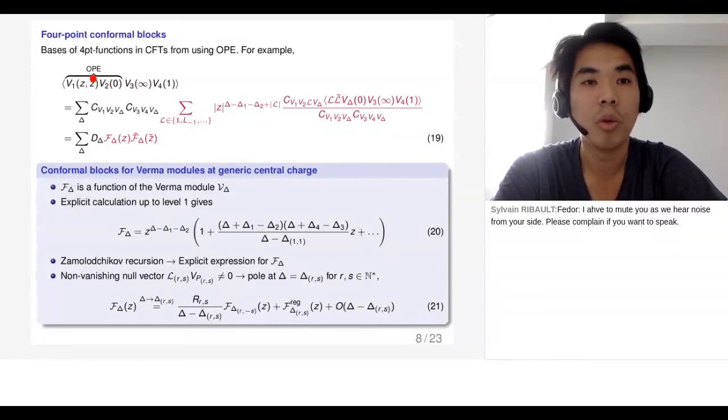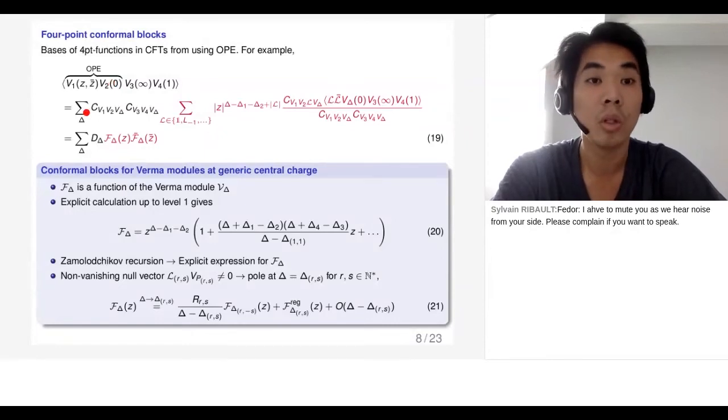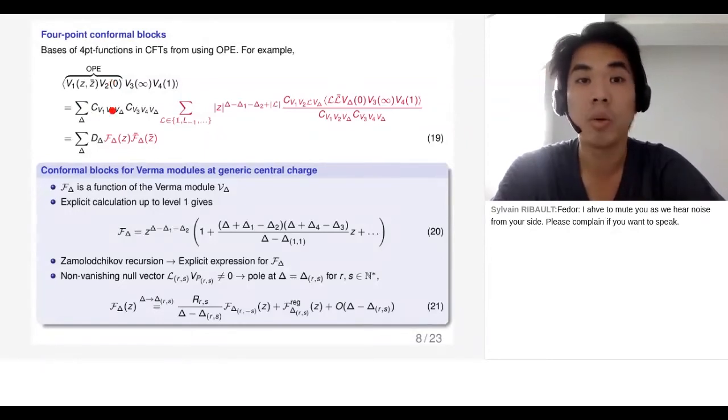And then I perform the OPE between V1 and V2 here, where I shall assume that the spectrum of this OPE only contains the primary fields from the Verma modules. So I obtain the expansion on the right-hand side here, where the first sum is over all the primaries in the spectrum. And again, conformal invariance requires that we have infinitely many descendants from each primary. So we have the second sum here.